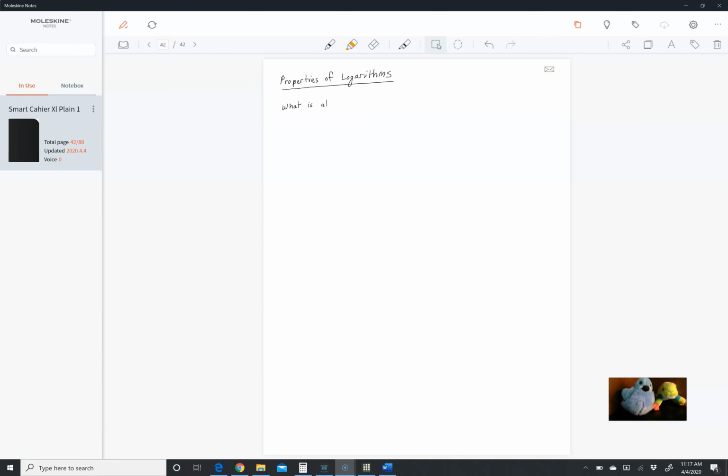So a logarithm is the inverse of the exponential function. So if you remember when we talked about inverses, we said a reflection of the function in the line y equals x.